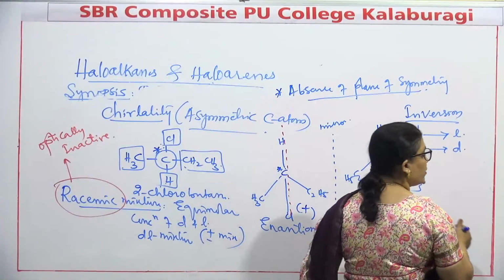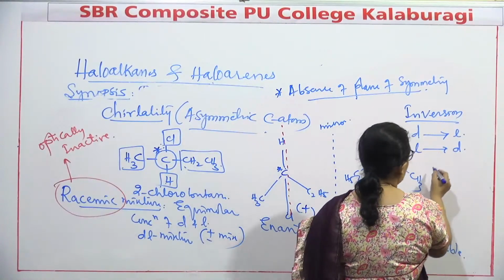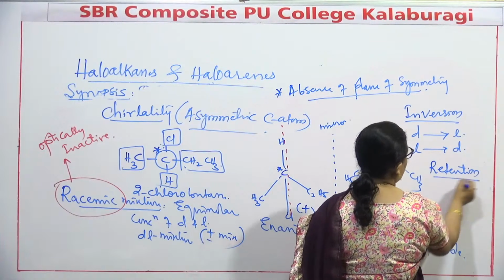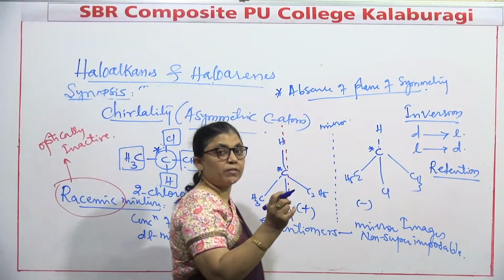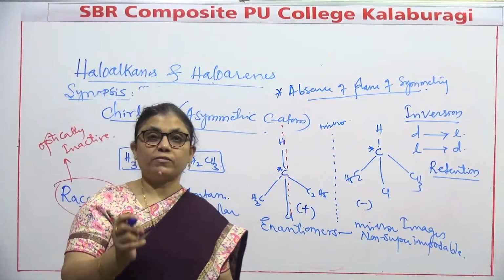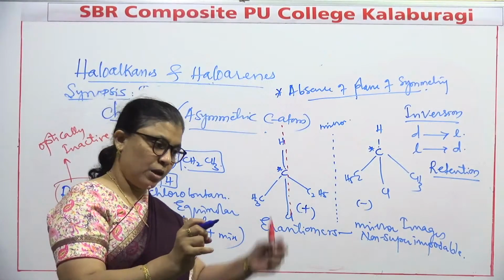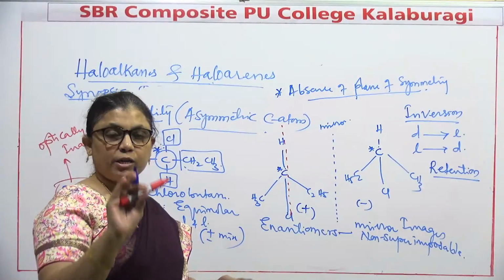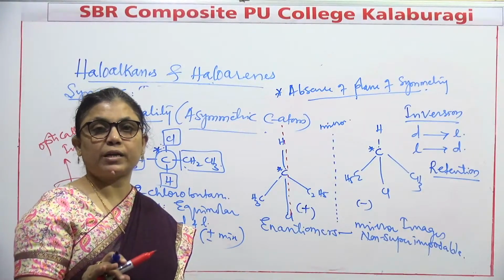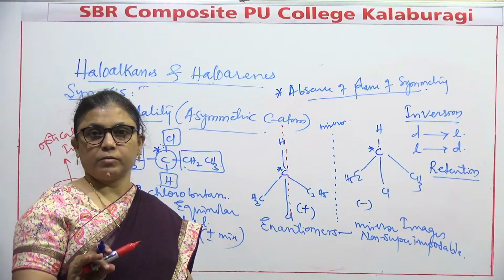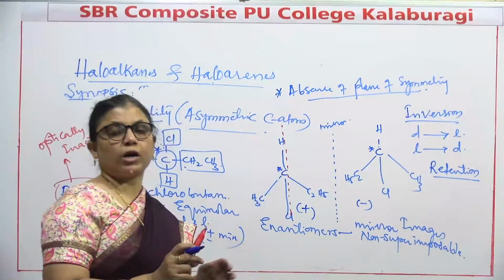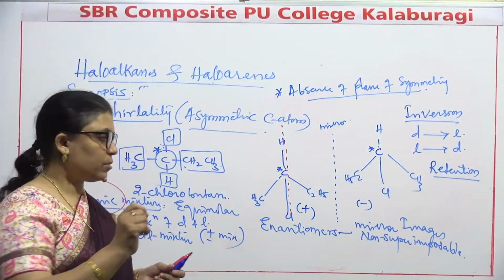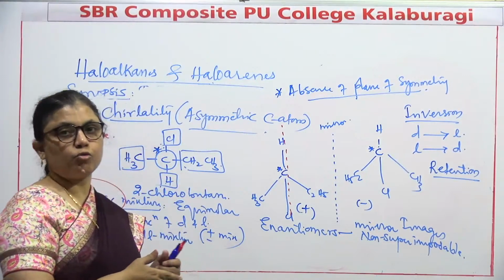Whereas retention means the optical activity of the sample remains the same. Dextro remains dextro, levo remains levo. All these things we will continue in nucleophilic substitution reactions when we deal with SN1 and SN2 mechanisms.